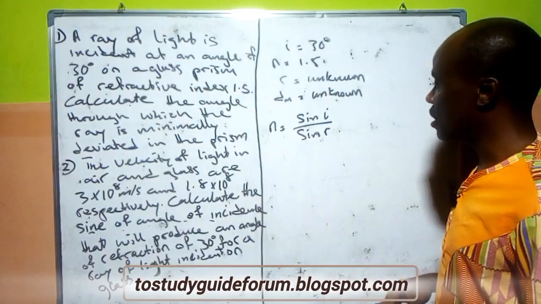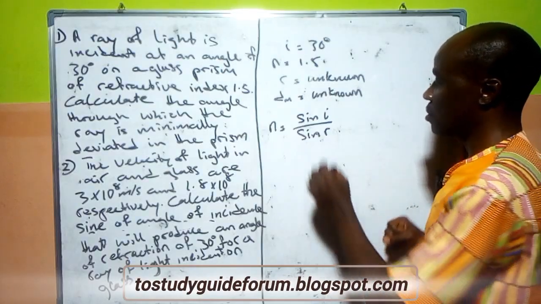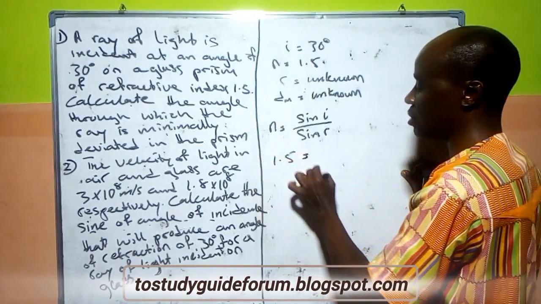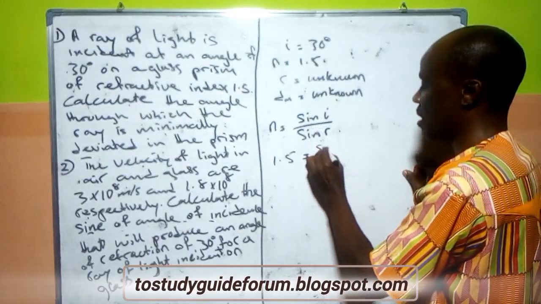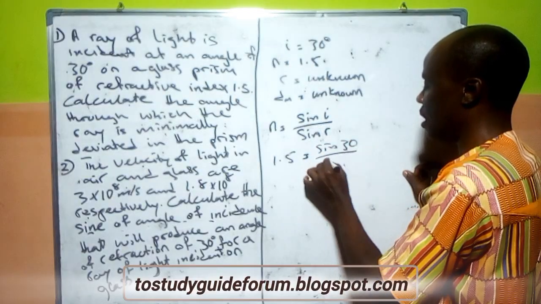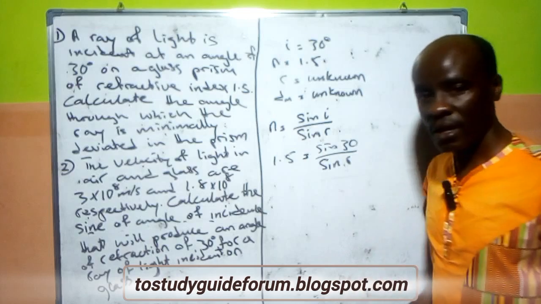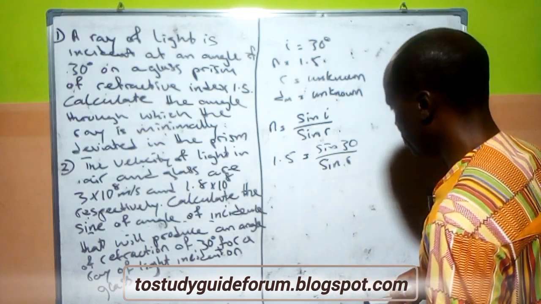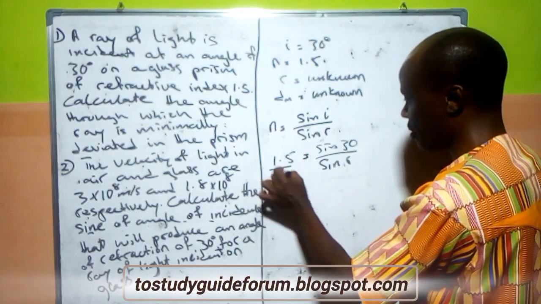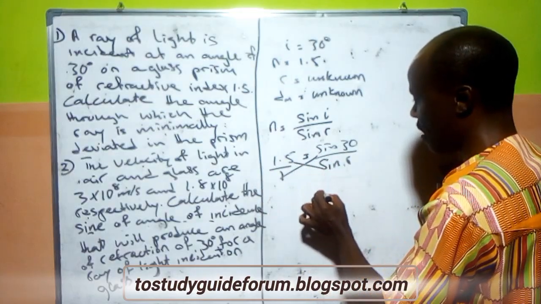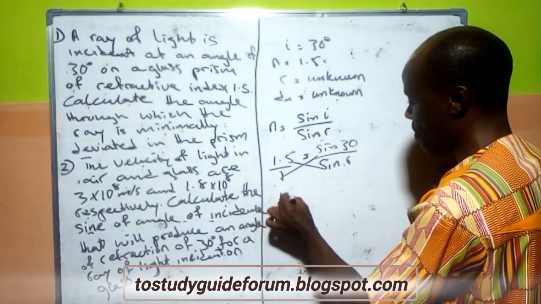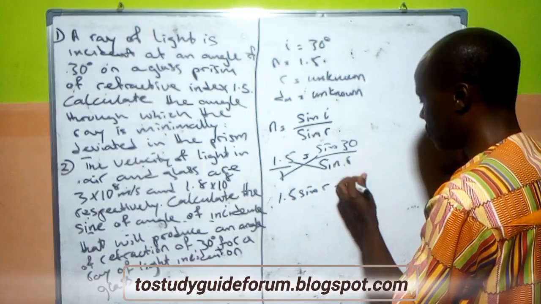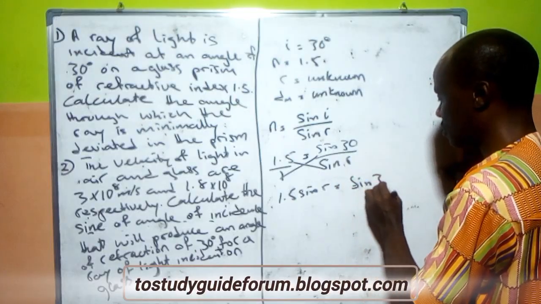The refractive index is given to us, which is 1.5, sine i is also there, which is 30, and then we can get the angle r. So we cross multiply, and we have 1.5 sine r equal to sine 30 degrees.